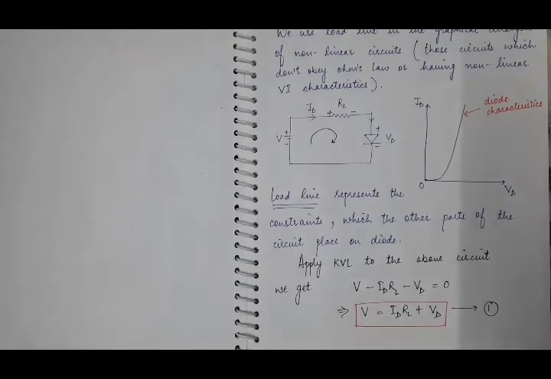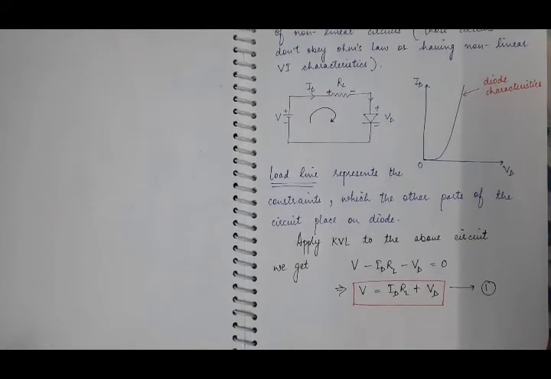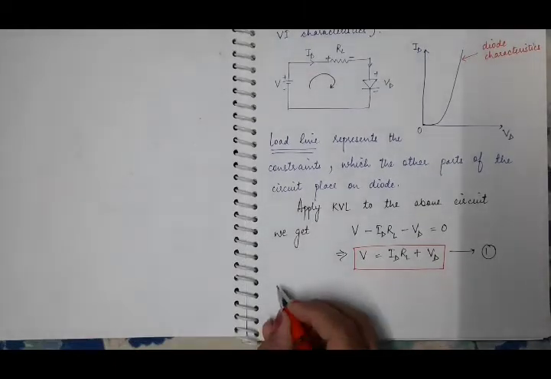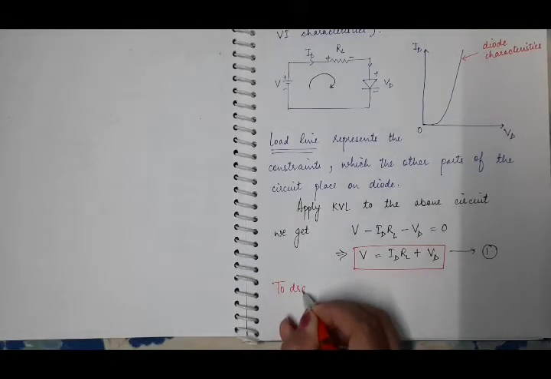Now for load line, we have to find the points when VD is equal to 0, what is the value of ID, and when ID is equal to 0, what is the value of VD. To draw the load line, we will find these 2 points.